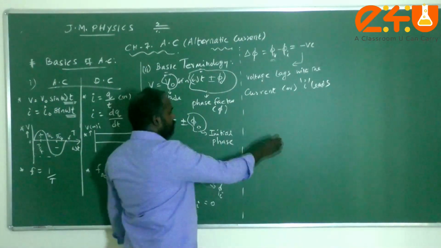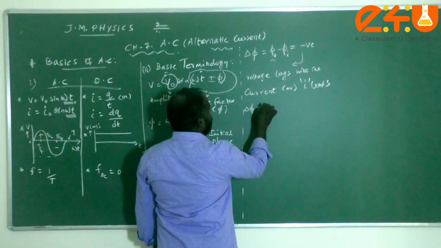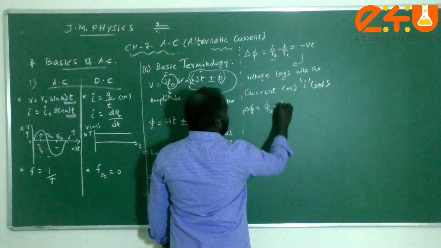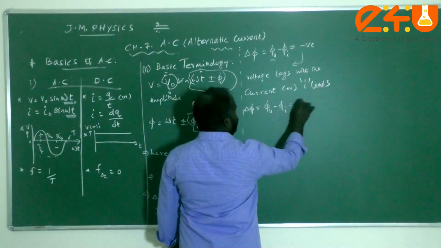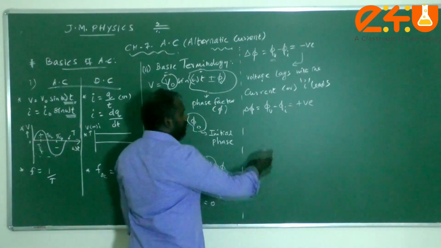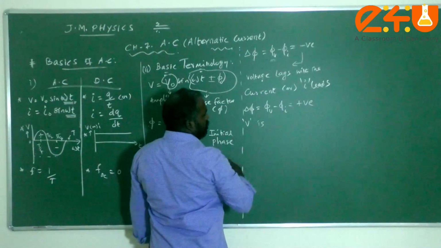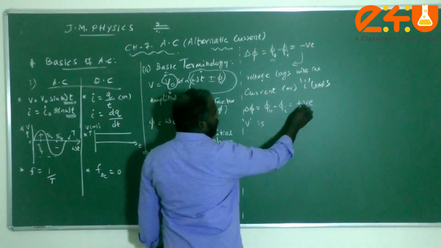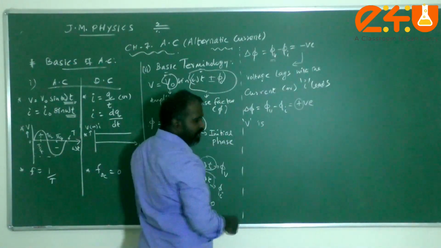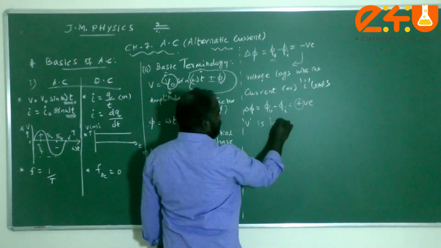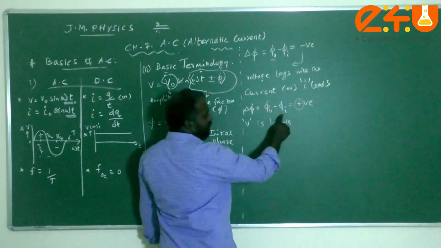Similarly, you just see that delta phi is equal to phi v minus phi i, that is equal to positive, as I said earlier. This is the first quantity. So voltage, what sign am I getting? Positive sign I am getting, therefore leading. So voltage leads. What is the next quantity?